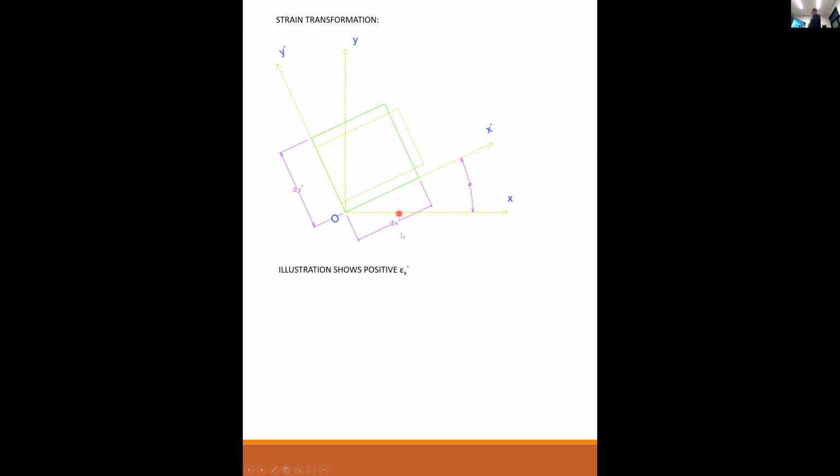So this is showing us a positive epsilon x prime deformation, because it's stretched. This is showing us a positive gamma x prime y prime deformation, where the original angle was 90 and now this included angle is less than 90.